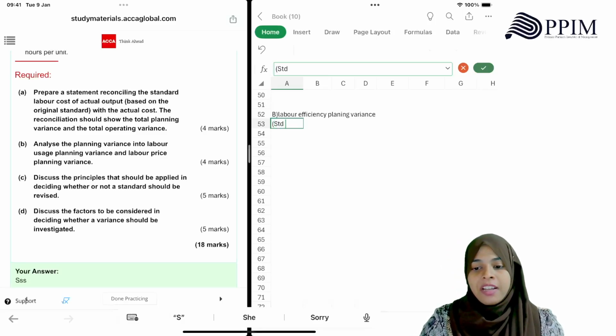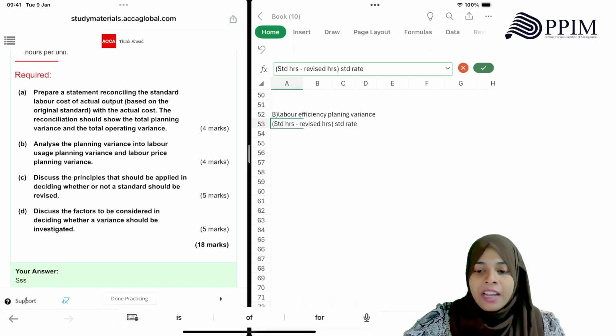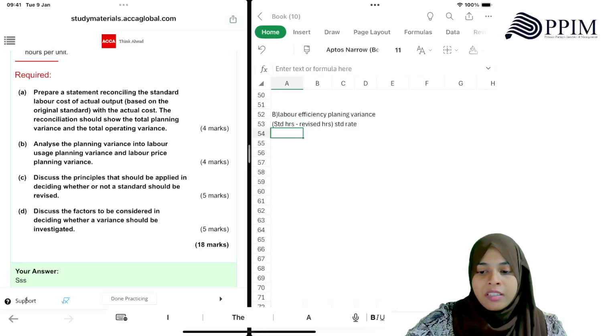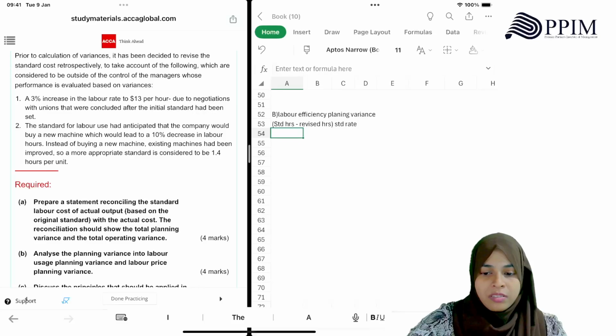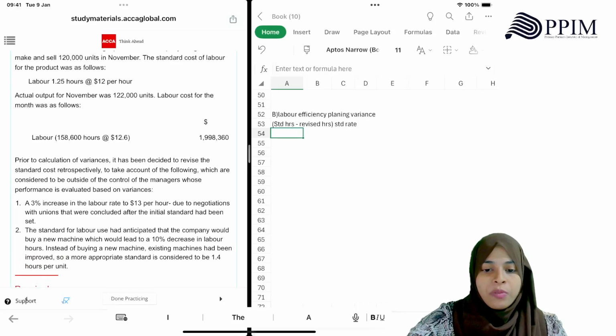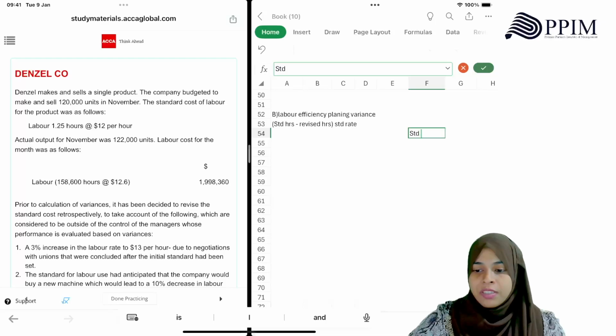So take the standard hours allowed minus the revised hours into the standard rate. Right? Standard hours, according to standard, it was what? 12. Can I just write it here? Standard hours, then you have revised standard.